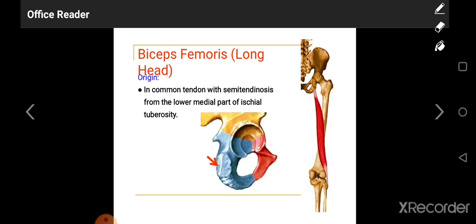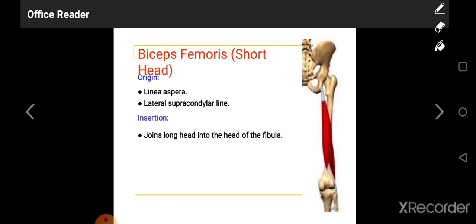This is the long head of biceps femoris. It takes its origin along with semitendinosus from the lower medial part of the ischial tuberosity. So here we can see the origin of biceps femoris long head. Then biceps femoris also possesses a short head, which originates from the linea aspera and the lateral supracondylar line.